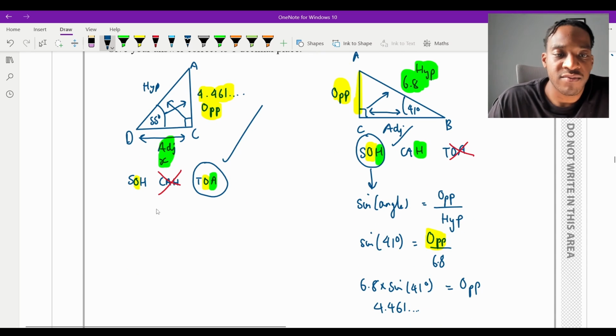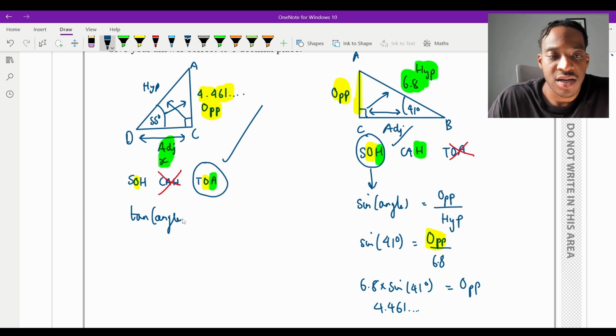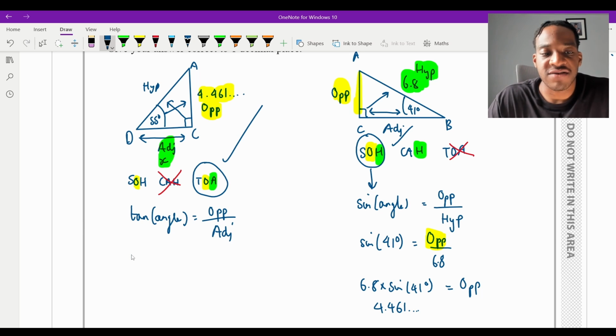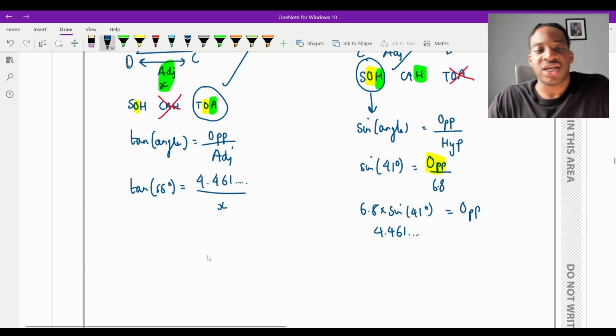Now we write out the acronym, and that is tan of the angle is equal to the opposite divided by the adjacent. The angle in this case is 55. The opposite is that number that we found, 4.461 blah blah blah. And we're going to divide this by x, the adjacent, which is what we're looking for. So we need to get x on its own.